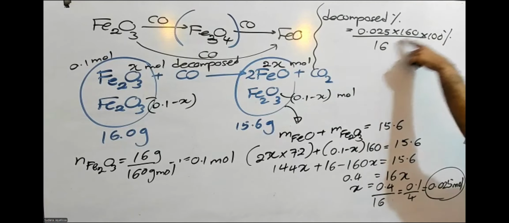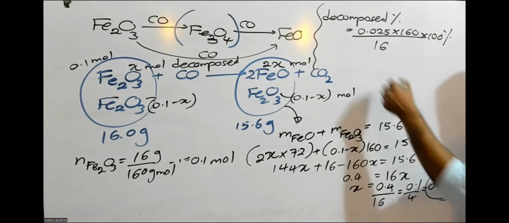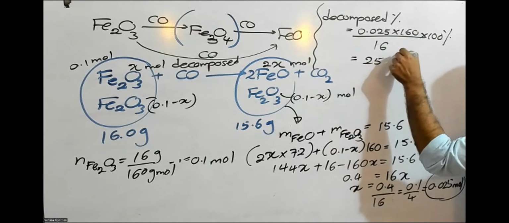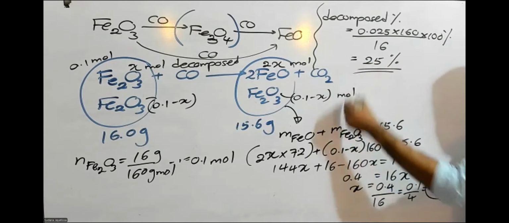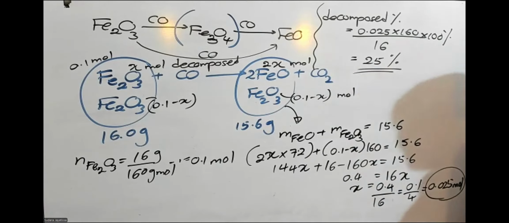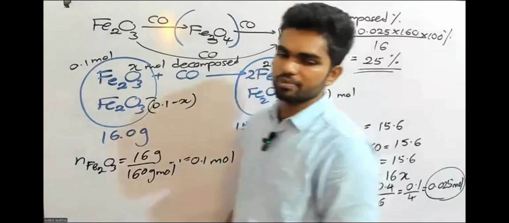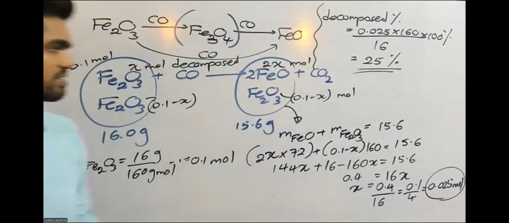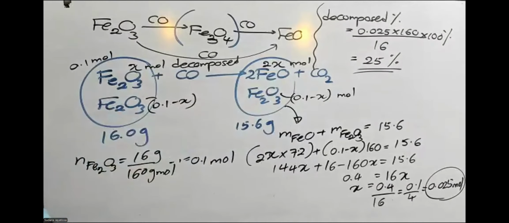Now you can see this easily simplifies, and 25% is decomposed. Some of you got 50% because of ignoring this 2x here, right? I hope you understand that one.